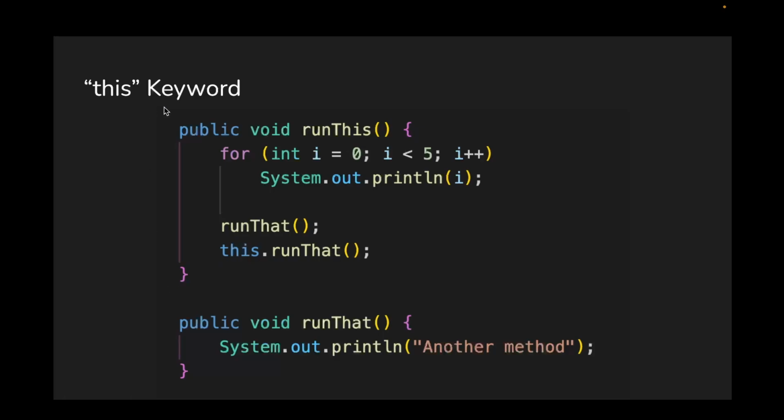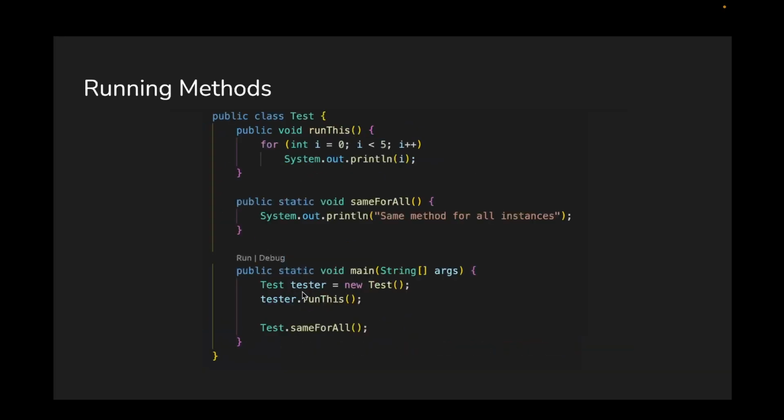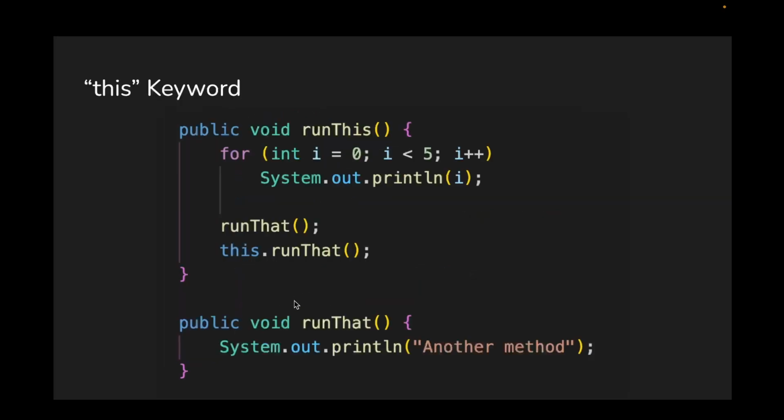So if we see this example right here, it's still the run this method, and it has the same code, but we're calling another method called run that. And this is what I was talking about before, how you can call non-static methods without needing to do this, but this is only if the method that you're calling it in is not static.